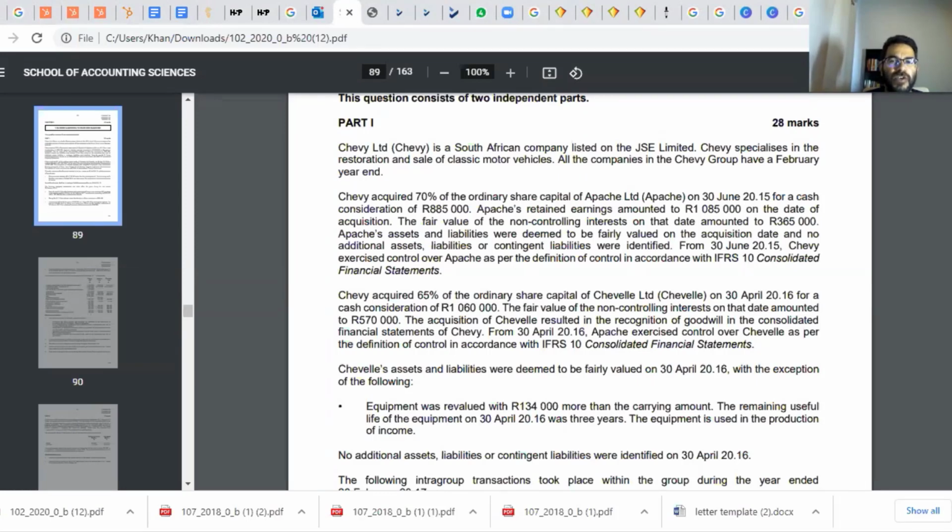Other thing just to note, they are saying that it is a listed company on the JSE. From a financial reporting point of view, for our purposes, there's no real importance. In the real world, from a financial reporting point of view, that is relevant. Remember, for a listed company, there are two things that apply for financial reporting purposes. That is earnings per share, and it is segmented reporting.